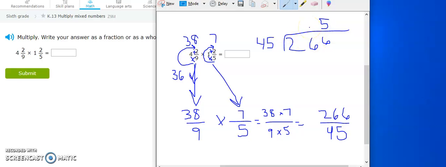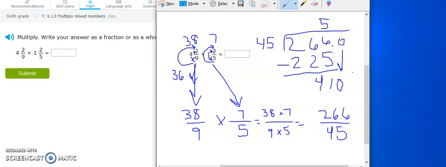Because 5 times 45 is 225. Now I had to write out my 45s. I know 45 plus 45 is 90, and then I had to keep counting up from there to see what I got. So I subtract these, we get 41, I put 0.0. Bring this down. Okay, now I have 410.